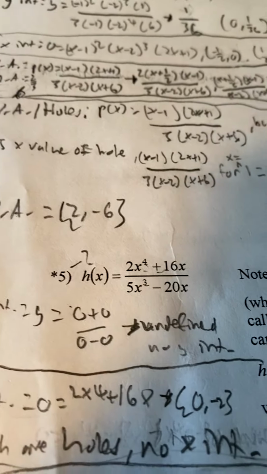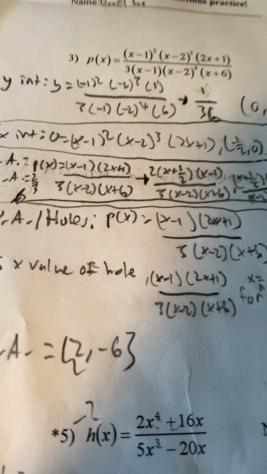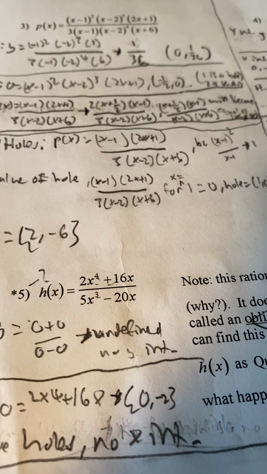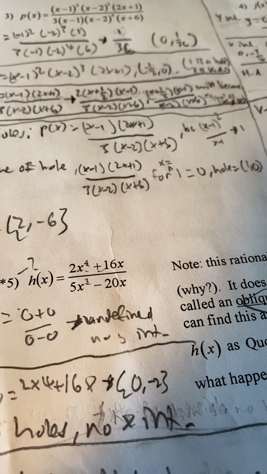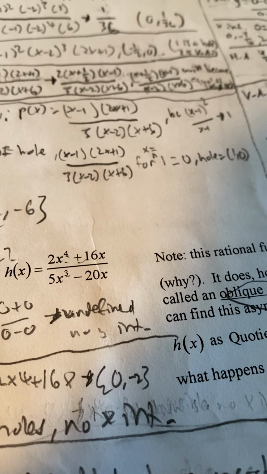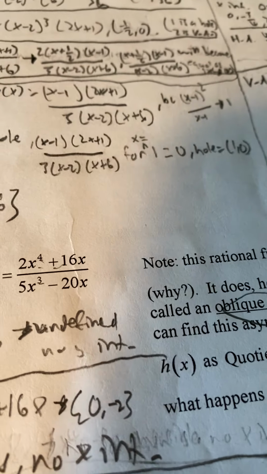For the vertical asymptotes and holes, you can already tell from looking at the equation that x minus 1 will be a hole. And then I found later that the hole's value is 1, 0.